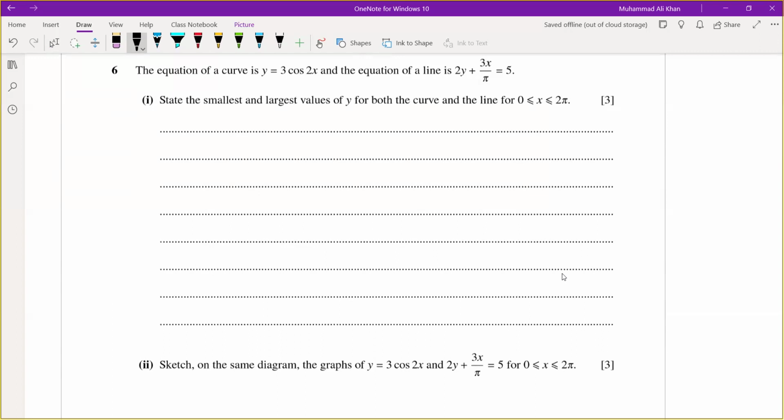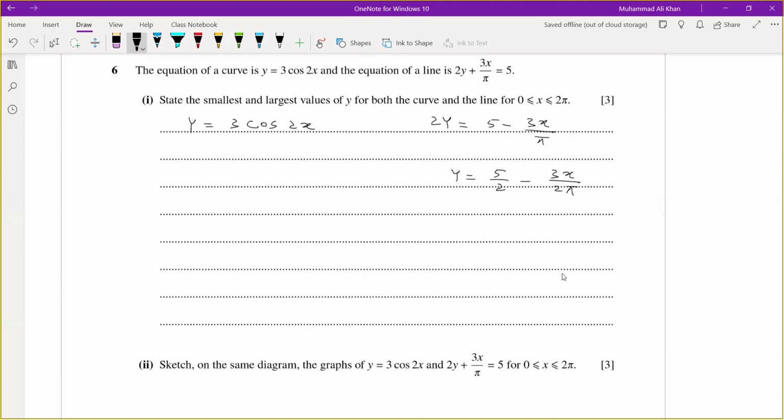The curve's equation is given: y equals 3 cos 2x. The line's equation is given; making y the subject, 2y equals (5 minus 3x over pi), so y equals 5 over 2 minus 3x over 2 pi.